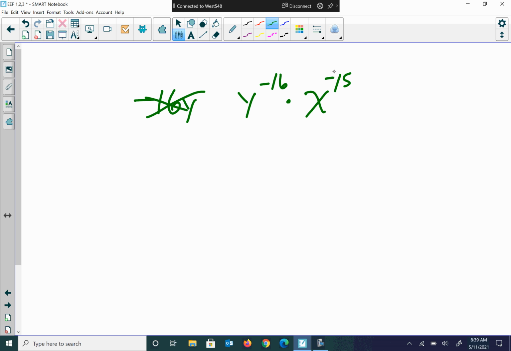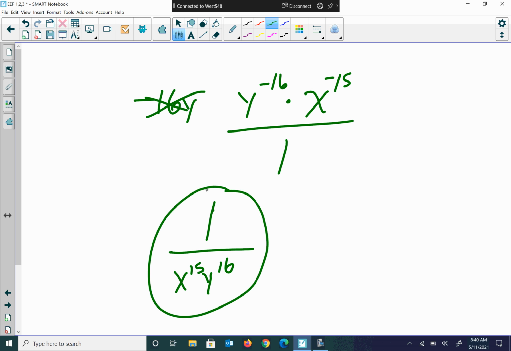So something like that? So everything was negative exponent? Yeah. So these right now are numerators, because technically those are all over 1. So you'd wind up with an answer of x to the 15th, y to the 16th. So you just have 1 over? Yeah. So 1 becomes the placeholder in math. There has to be a 1, because technically there would have been a 1 sitting out in front of here, but we don't necessarily write it.